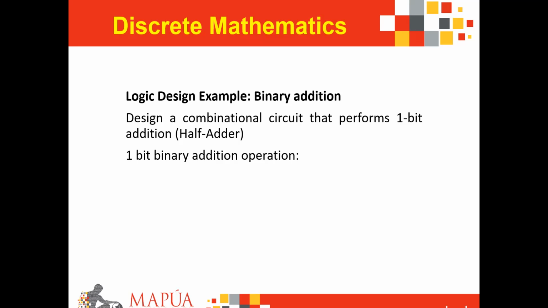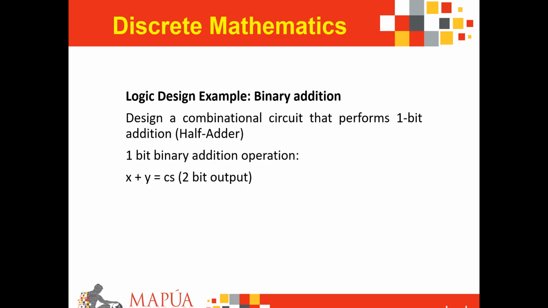performed. So here I gave an example for your 1-bit binary addition operation, whereby X is your first bit and Y is your second bit, and C and S represent your 2-bit output. You will notice why the output becomes 2-bit.